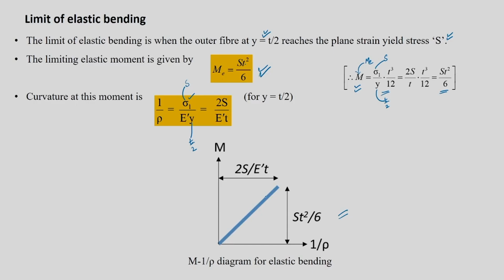If you plot it, you will get a straight line, and this particular height is nothing but your elastic moment Me, which is S t square by 6, which you already evaluated, and this 2S by E dash t is your 1 by rho when you reach Me. Both are represented in this particular diagram. So this is the moment curvature diagram for this case. These results will be useful for us in the analysis that we will discuss in the next section.